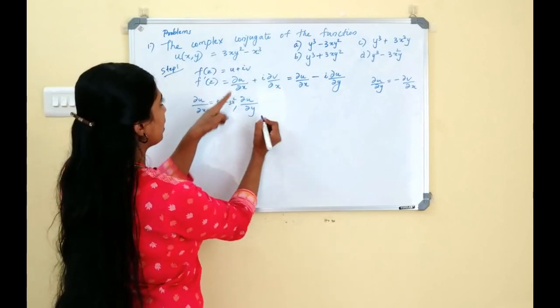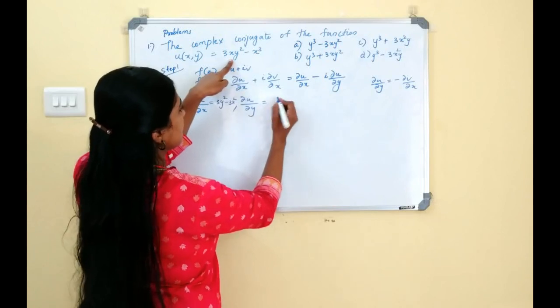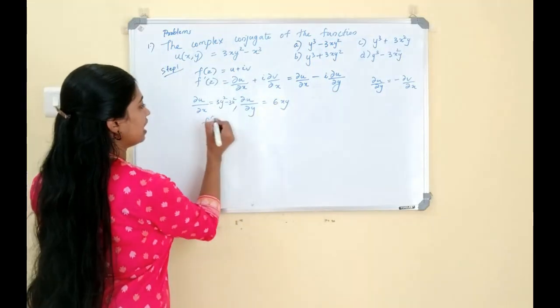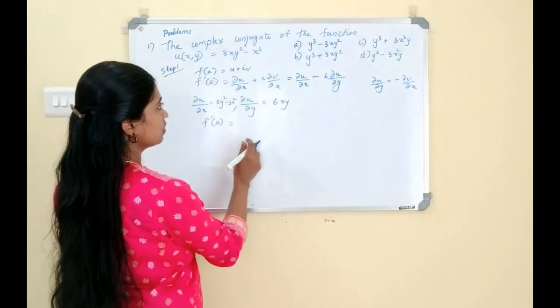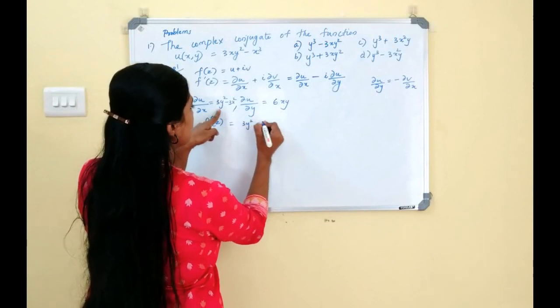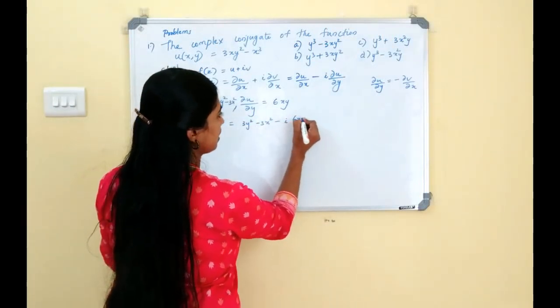And dou u by dou y is 6xy. Substituting in this, we will get f dash of z is equal to 3y square minus 3x square minus i 6xy.